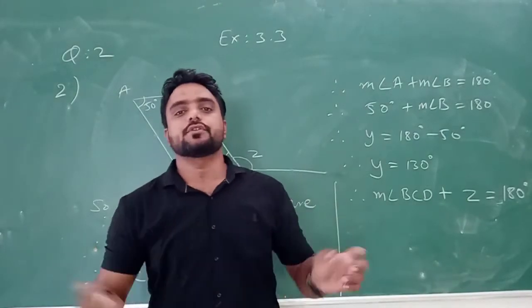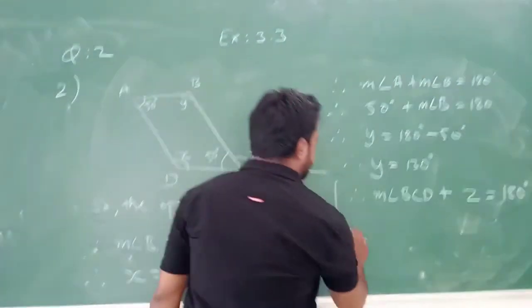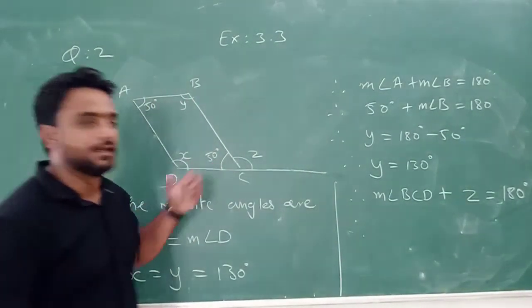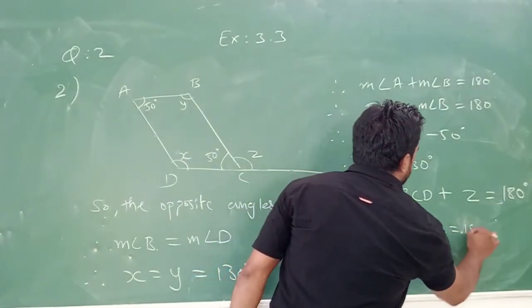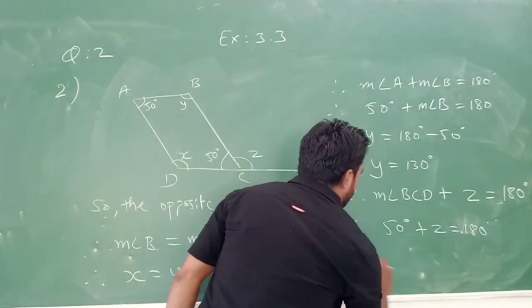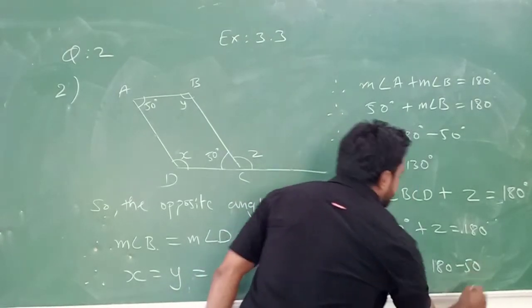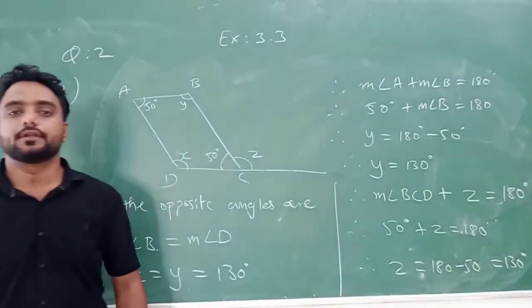Because the summation of both of the angles form the straight angle. Understand or not? So therefore, what is the value of BCD? तो BCD की वैल्यू कितनी है? 50 degree. So 50 degree plus Z is equal to how much? 180 degree. So therefore, the value of Z is how much? 180 minus 50. So that is equal to how much? 130 degree. Understand or not?